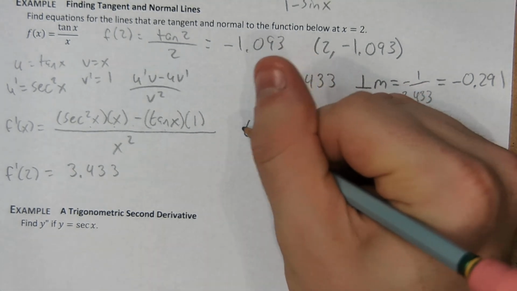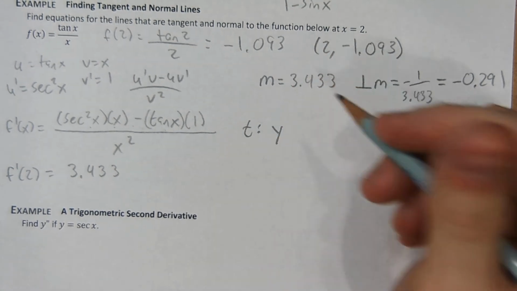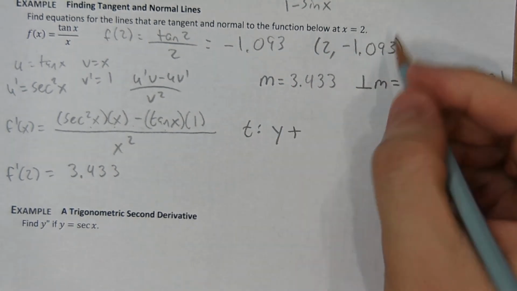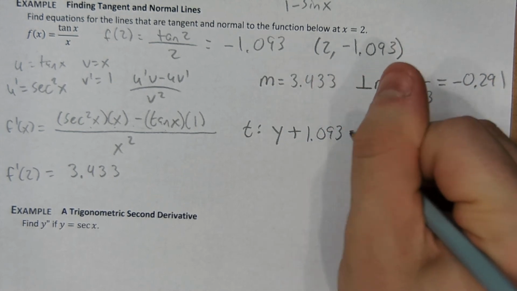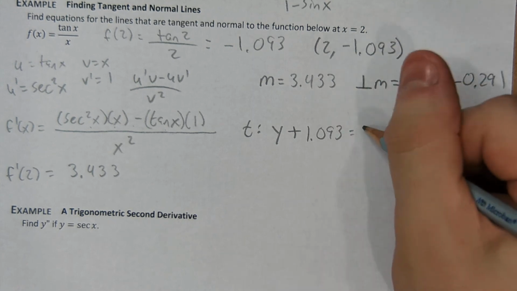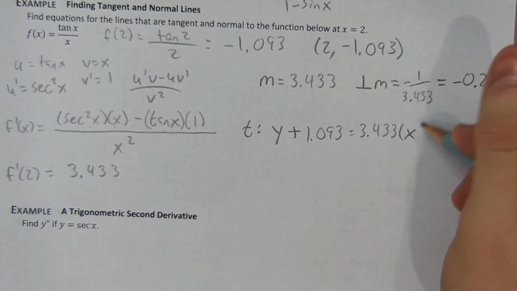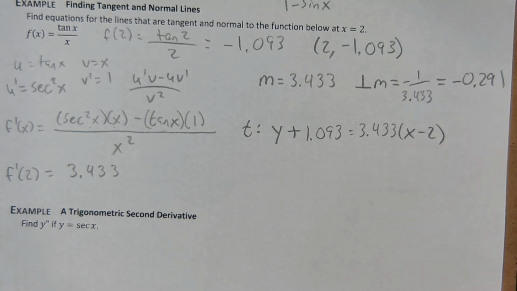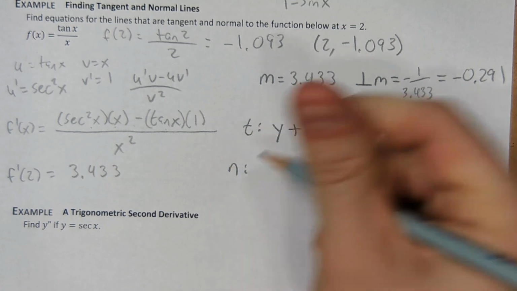So the tangent line, and I'll just write T for tangent. Y minus y1 would actually be minus negative 1.093, so it's plus, equals m, 3.433, times x minus x1, which happens to be 2. And when you write the equation of the normal line, the only thing that changes is the slope.